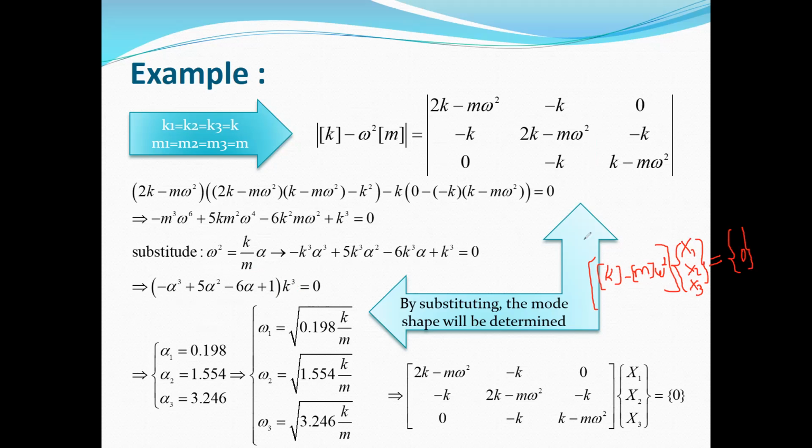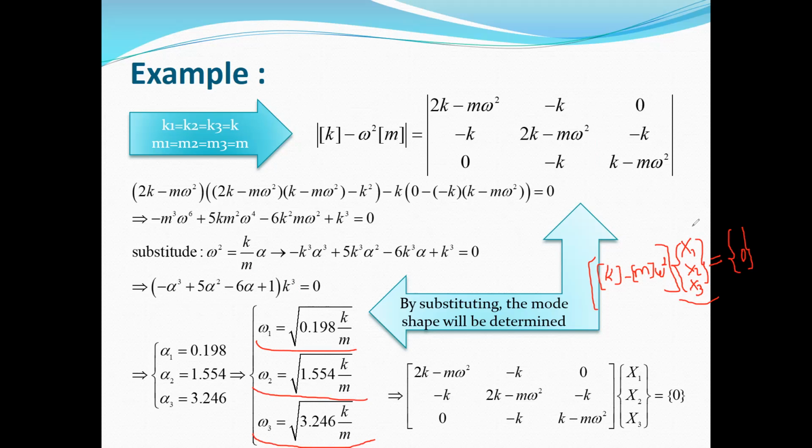So we will have three equations with three unknowns, x1, x2, and x3, which are the amplitudes of the response. Now we can substitute omega equal to omega 1 to obtain the first mode shape. Then we substitute omega equal to omega 2 for the second mode shape, and finally omega equal to omega 3 to obtain the third mode shape.